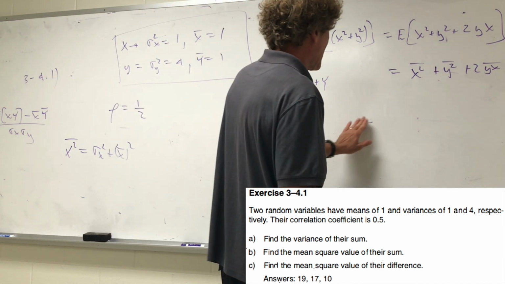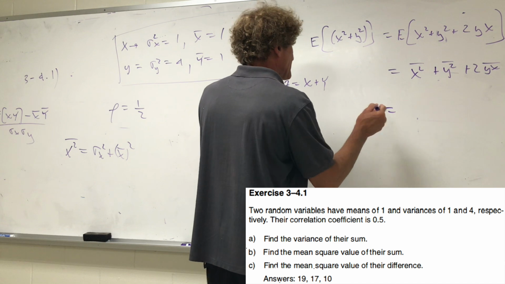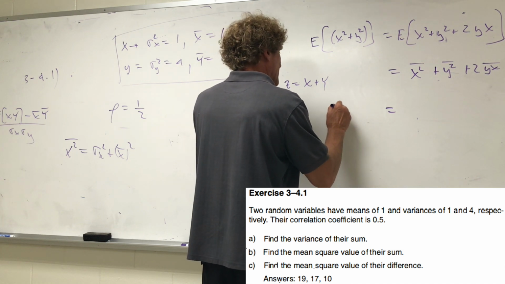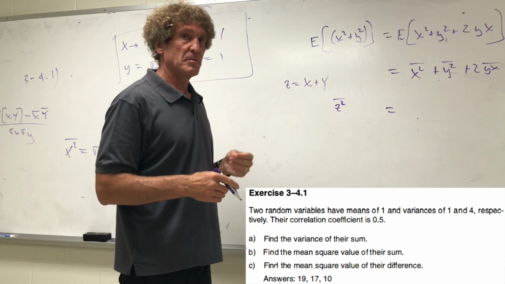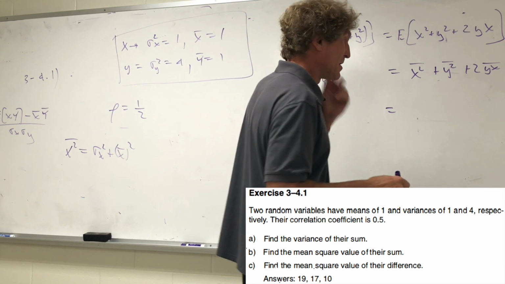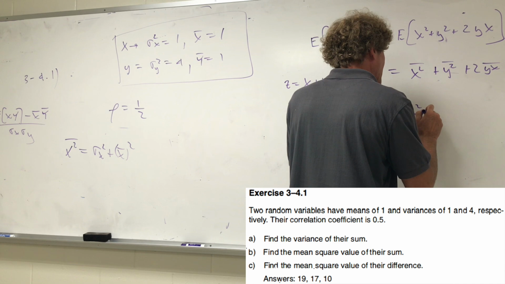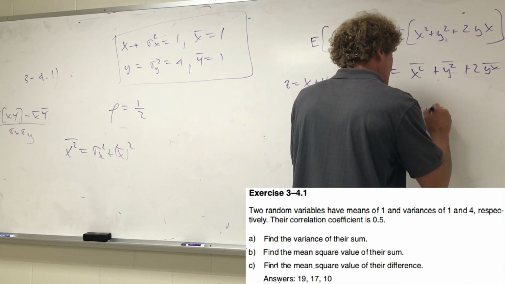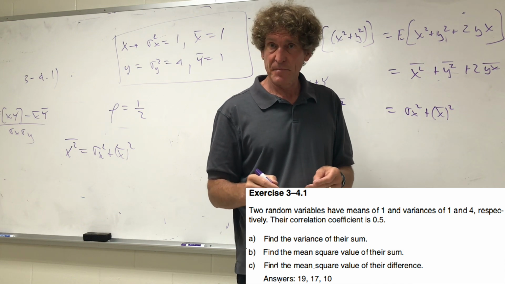So now I come down here and I can say that this right here, remember, I created this variable z, it's the expected value of z squared equals, all right, what is this? Well, this is sigma x squared, right, plus x bar squared. Y'all follow the thought on this one, right?